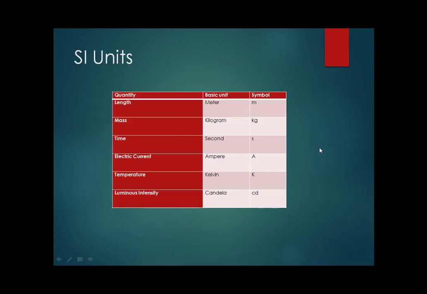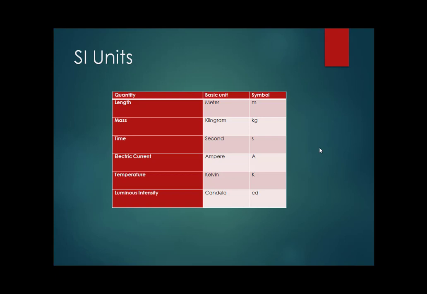There are some SI units. First one is length. Its basic unit is the meter, and its unit symbol is m. Mass is in kilogram, with symbol kg. Time is in seconds, and its symbol is a small s.